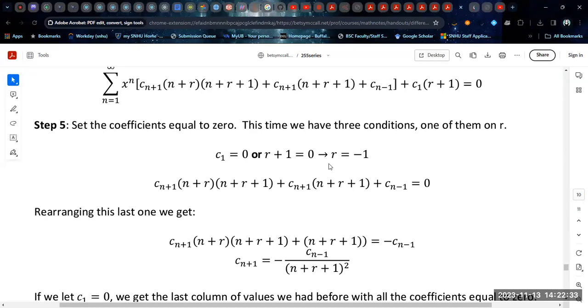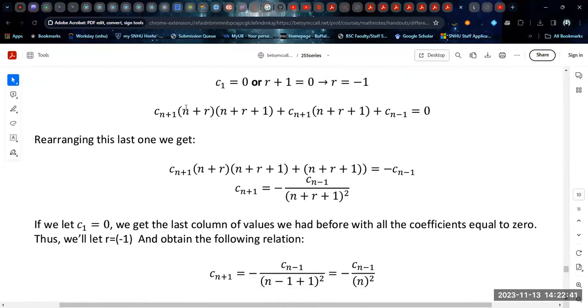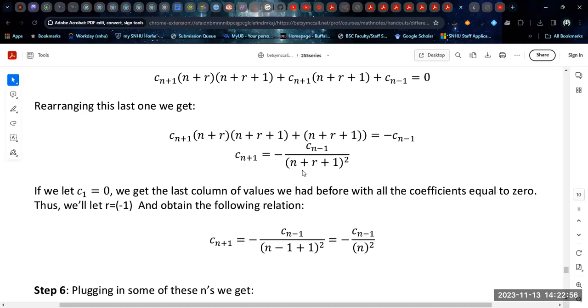And that will give us C1 not being equal to 0. It'll be equal to something. And the second expression we solve for Cn plus 1 in terms of Cn minus 1, similarly to the way that we did before. Obviously, the expression is a little bit different, but that's what we do.